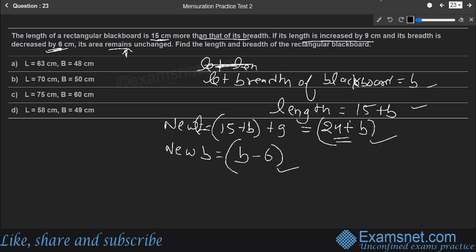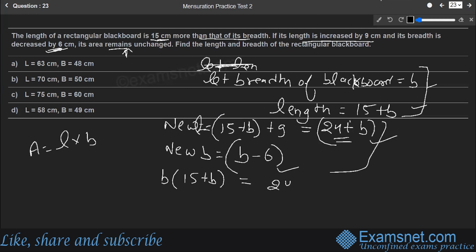Now he's saying that the area remains unchanged. So we're going to find out the area with the first dimension set, and then the area with the second dimension set, and then make them equal because the area remains unchanged. The area with the first dimension set is B into 15 plus B, because the area of a rectangle is always given by L into B. That is equal to the new dimension, 24 plus B multiplied by B minus 6.